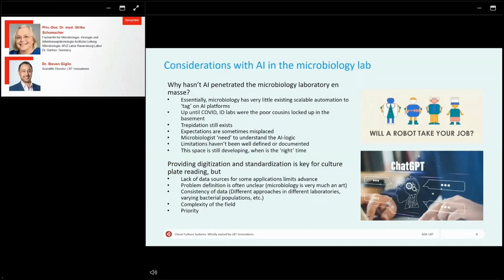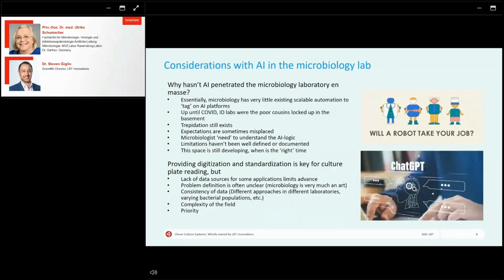There's still trepidation around what AI is and when is the right time to do that. And sometimes the expectations are misplaced. Microbiologists need to understand what the system is and understand what the limitations are. And so there's obviously a body of evidence that people look to, to take that on, and it just takes time.